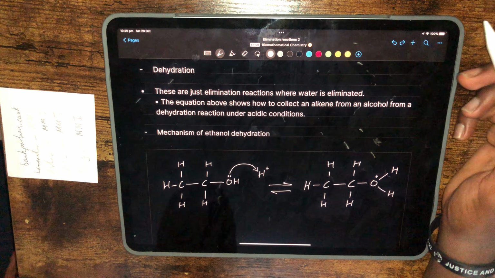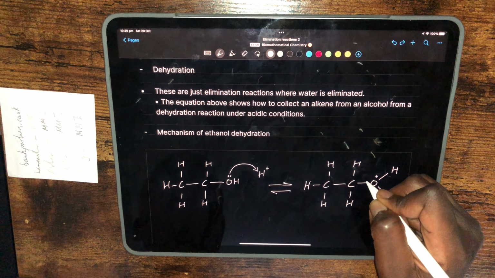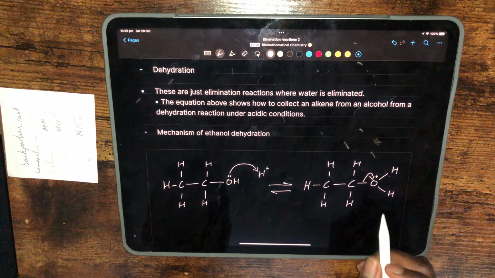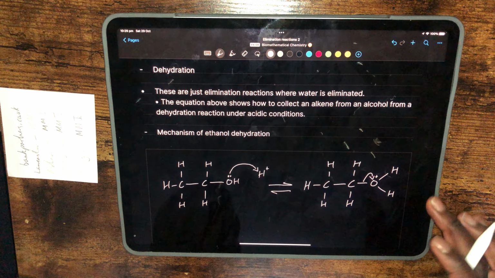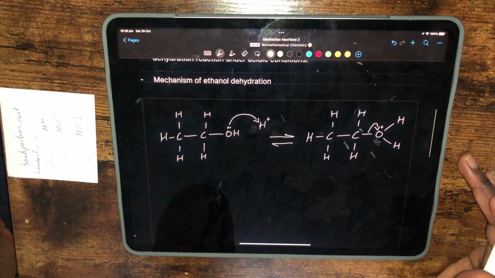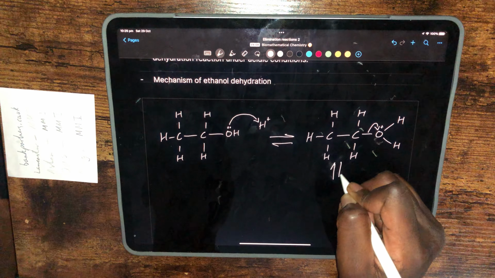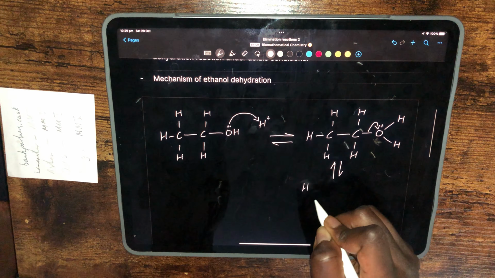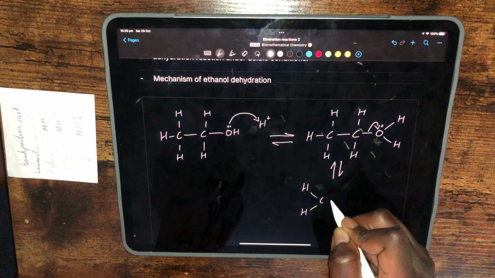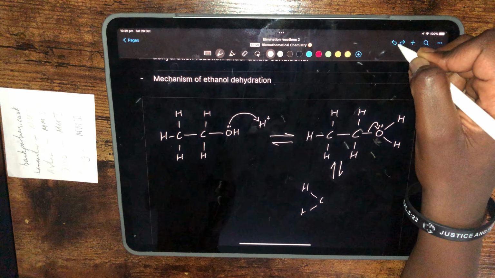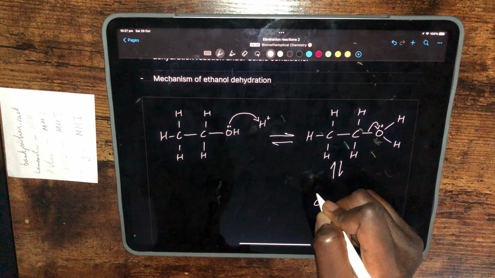However, it's more likely that the electrons in the carbon-oxygen bond will move towards the oxygen, and when that happens you form this intermediate here.